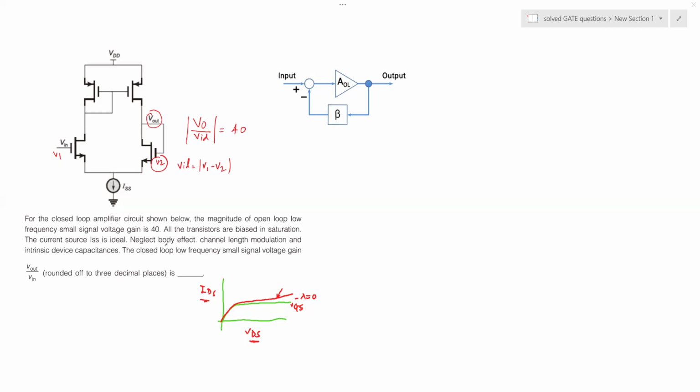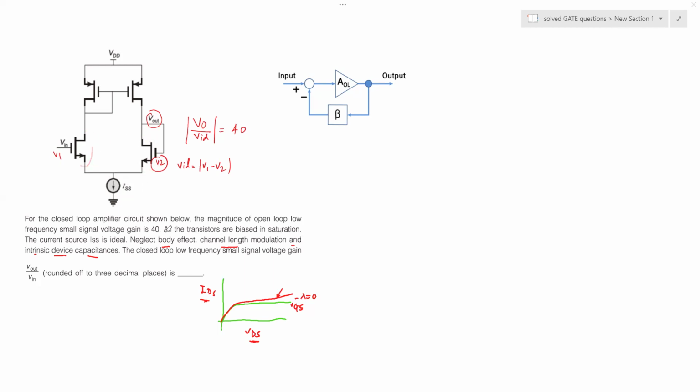So we are neglecting the body effect, we are neglecting the channel length modulation, and we are also neglecting the intrinsic device capacitances. So in the MOSFET, you have capacitances such as the capacitance between gate and drain, between gate and source, all these, and between drain and source.